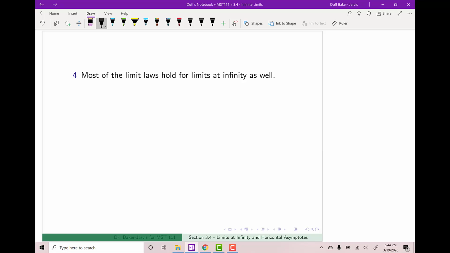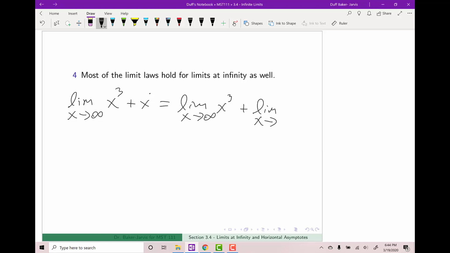So for example, we can use one of the limit laws to break up this limit as the limit as x goes to infinity of x cubed plus the limit of just x. And it turns out that if you add two infinities of the same sign, you get the same infinity.